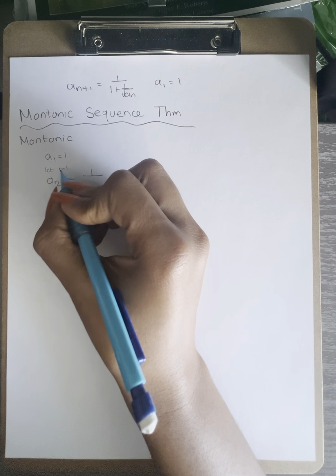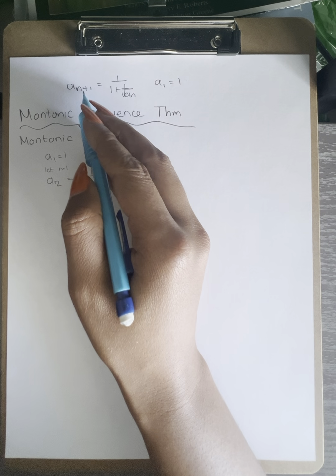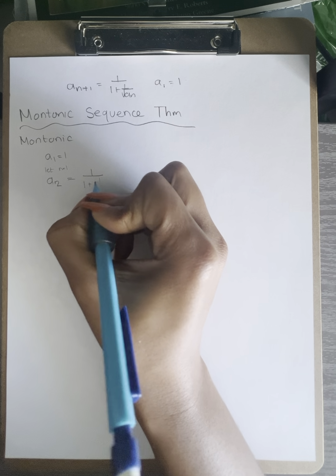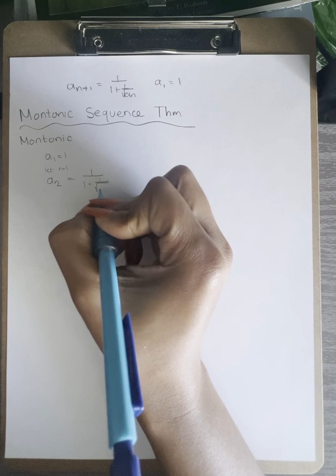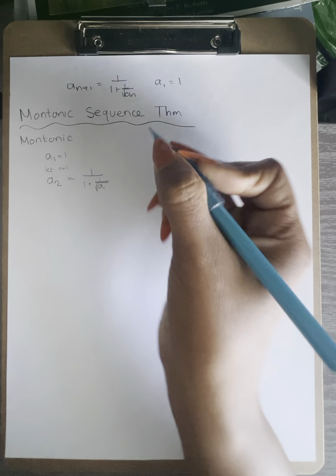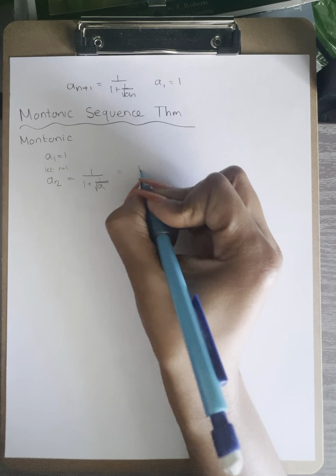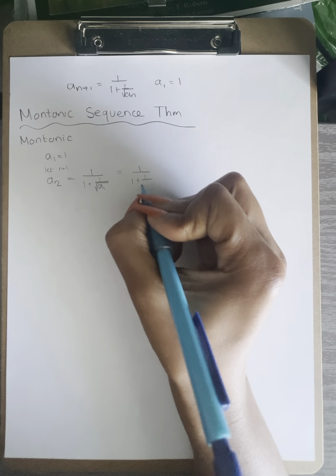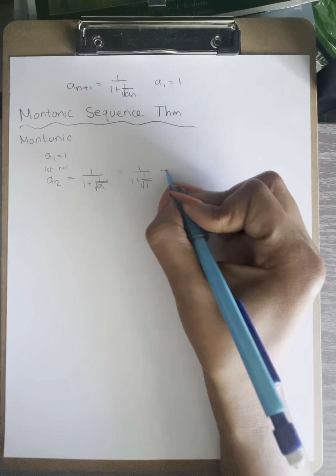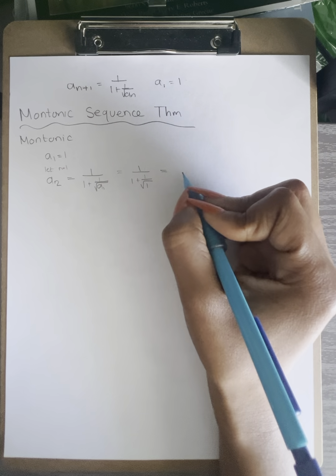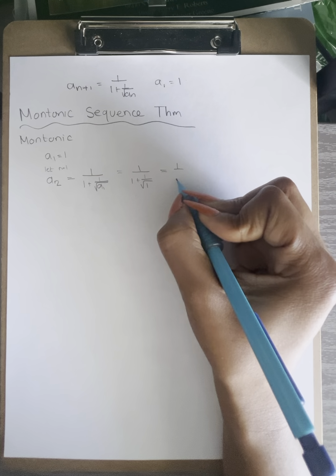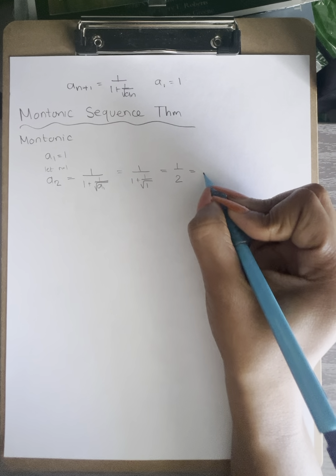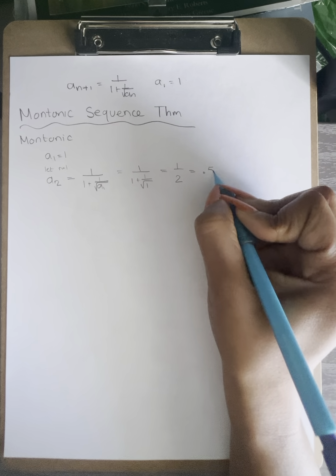When I substitute n equal 1 into my formula, I get 1 over 1 plus 1 over root a sub 1, which we know is 1. So I'm going to substitute that into my sequence. If I plug this into a calculator and simplify, my denominator is going to be 2, and if I do the remaining division, that gives me 0.5.